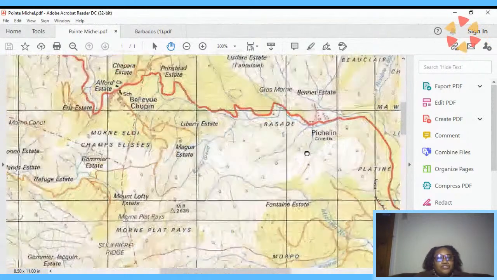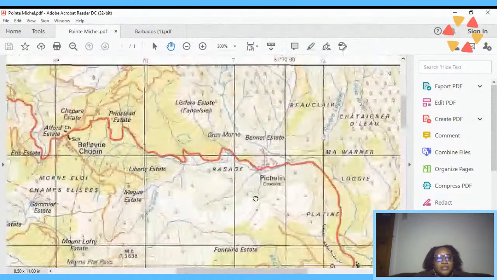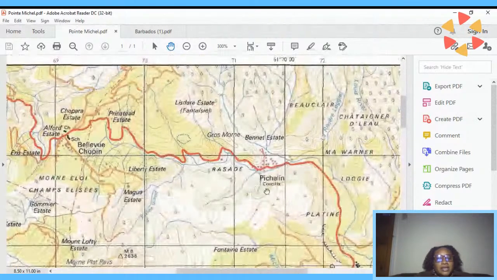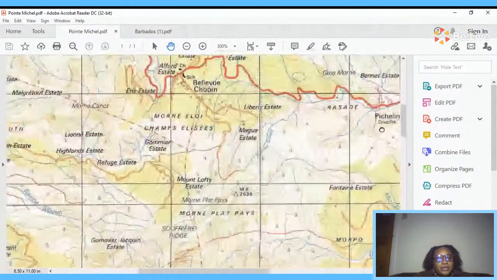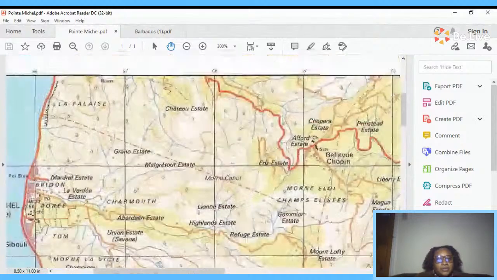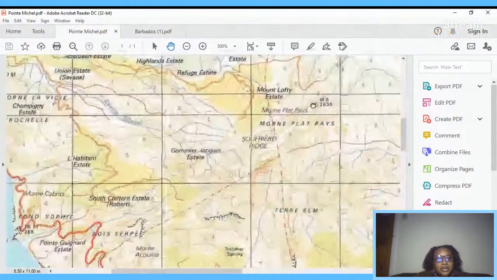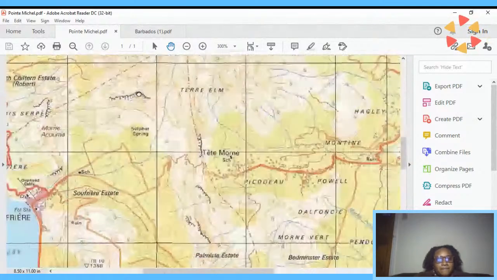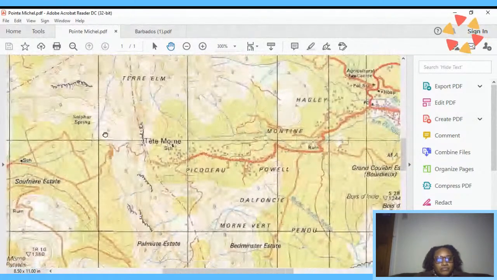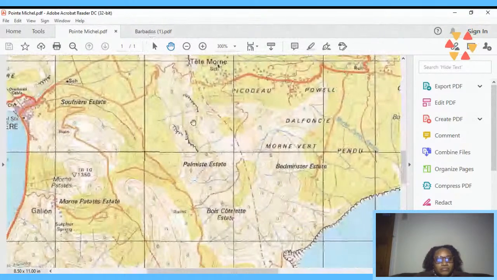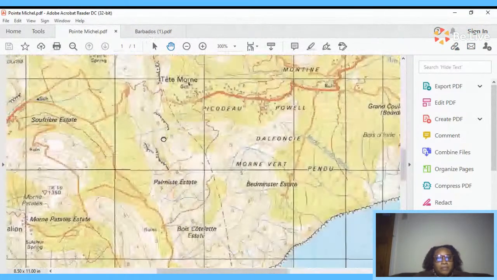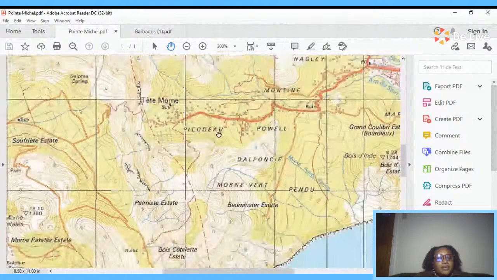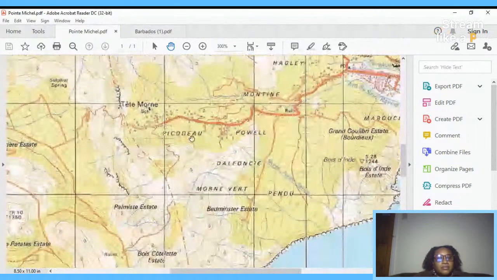So they gave us three areas to identify. So you look at Michelin. I think Dublin is another one. Let me see if I can find that one so that you can see what that looks like as well. Look, Pico Due here.